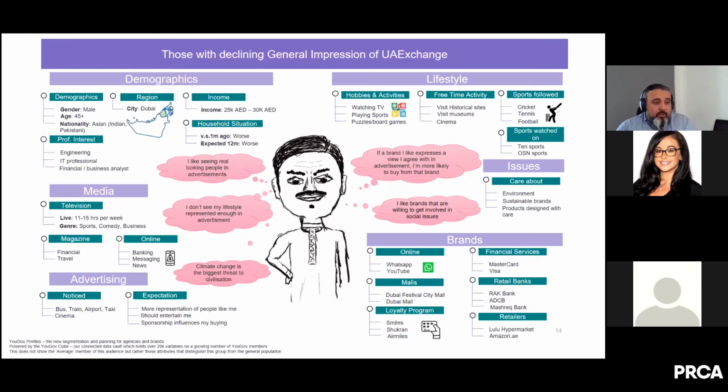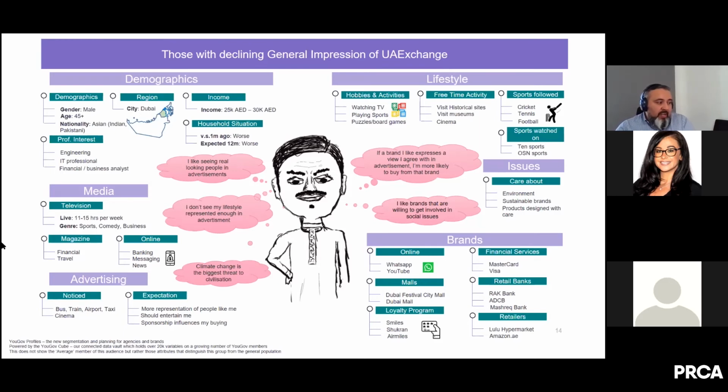Some of the issues that we can see they're interested in include the environment, sustainable brands, and products designed with care and consideration for it. Climate change is the biggest threat to civilization. These are things that are really important to these individuals. We already saw that they enjoy watching TV, and you can see they're roughly doing 15 hours of TV per week, interested in genres around sports, comedy, and business.